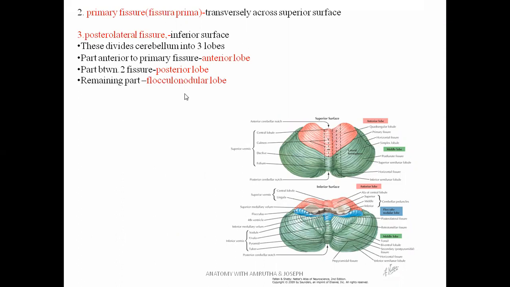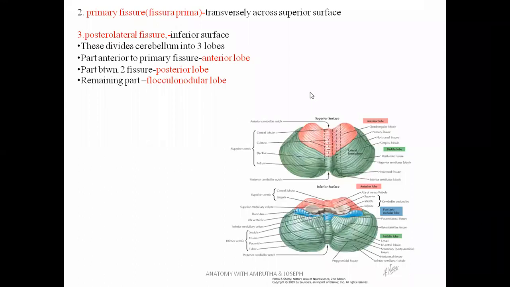Now, the remaining part, that is this part, is called the flocculonodular lobe. That is the part of the cerebellum that is separated from the rest by the posterolateral fissure, represented here as the blue color.